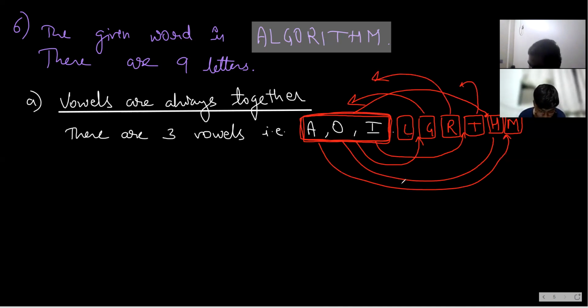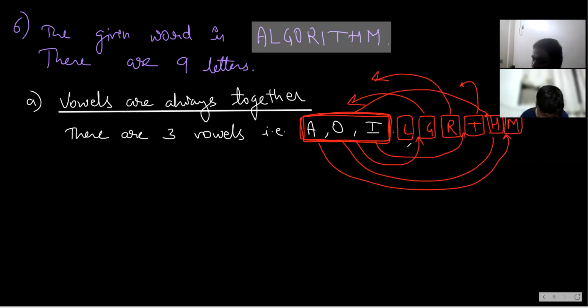So this time we are arranging 6 units amongst themselves. My dear students, in the first case, we arranged all 9 letters amongst themselves. But here, we arrange these 6 units amongst themselves.